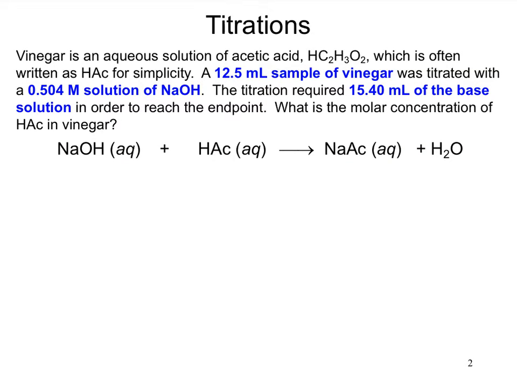In this problem, we have vinegar, which is a solution of acetic acid with unknown concentration. To find out the concentration of this acid, we use acid-base titration. Specifically, we take a 12.5 milliliter sample of the acid and titrate it using a base solution, sodium hydroxide, with a concentration of 0.504 molar, meaning 0.504 mole per liter.